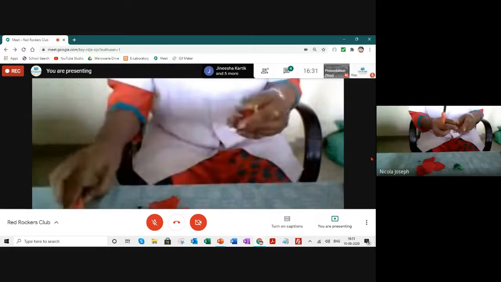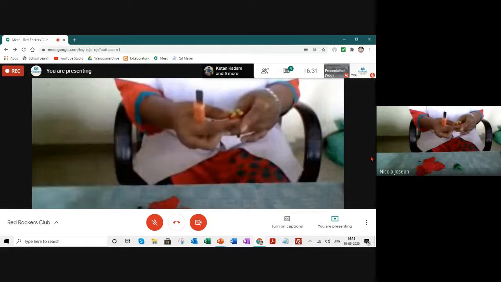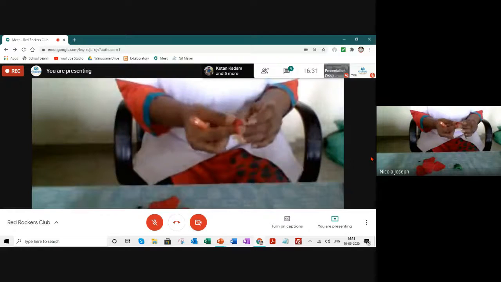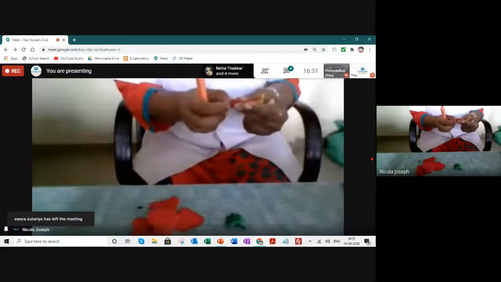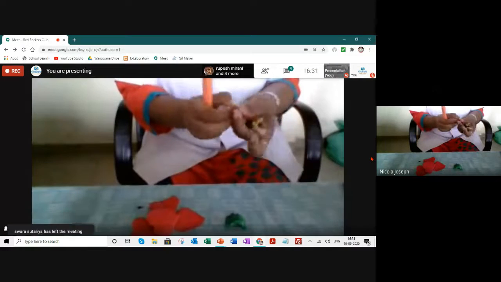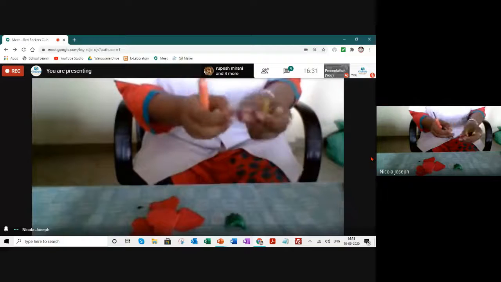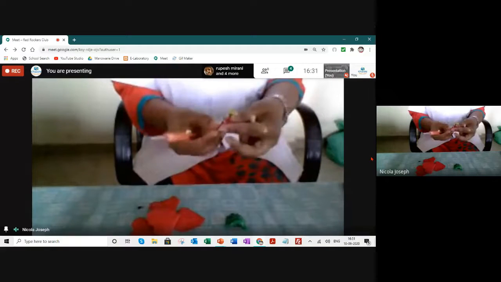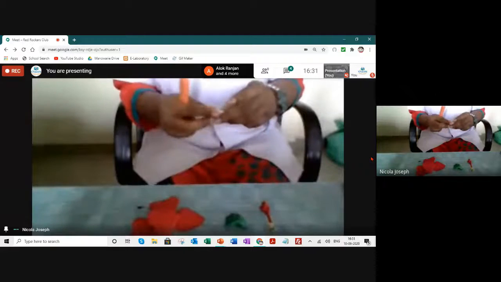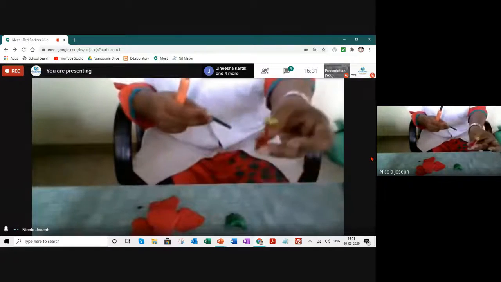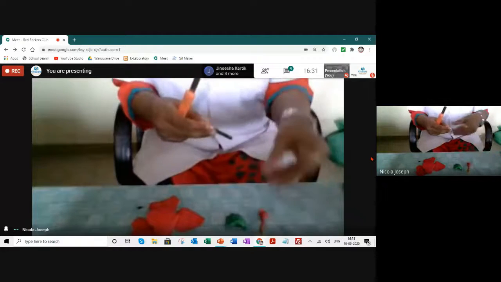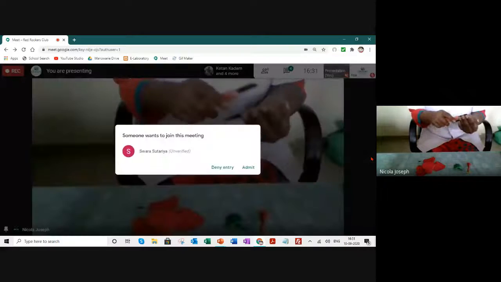So now we'll remove this. So this is the stamen which is removed out. Did you all see it? Now we'll see what is inside this.